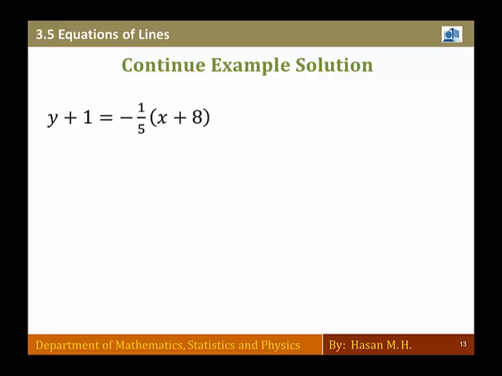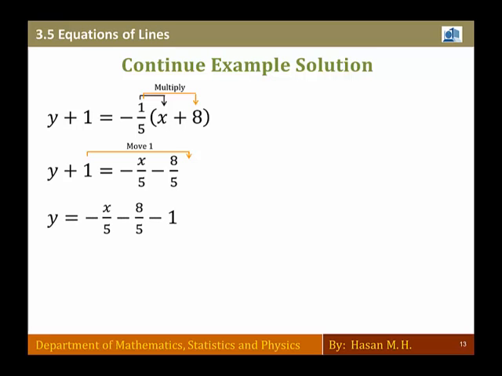Multiply -1/5 times x and multiply -1/5 times 8. We will have y plus 1 equals -x/5 minus 8/5. Using the inverse, move the 1 to the other side of the equal sign.